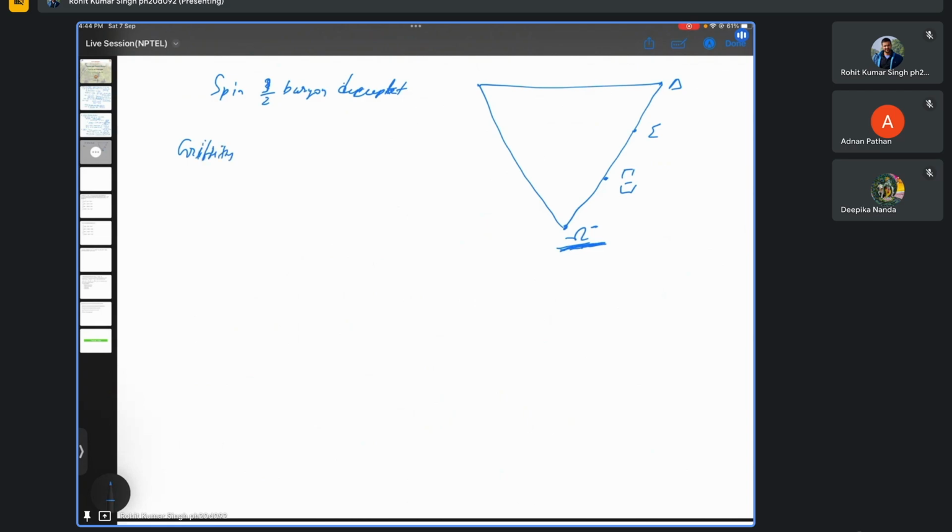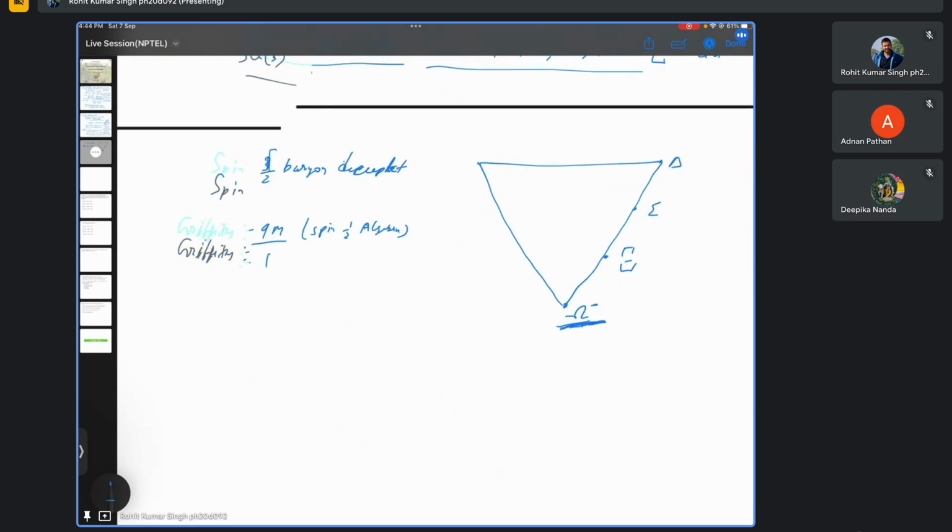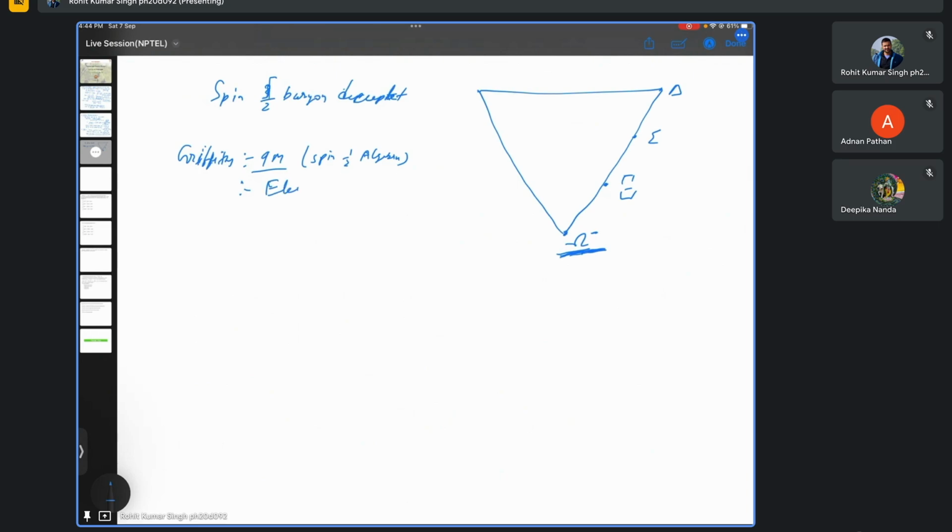First you should read Griffiths' Quantum Mechanics, the spin half algebra basically, and then Griffiths also has an elementary particle physics book, where these things are discussed in detail.